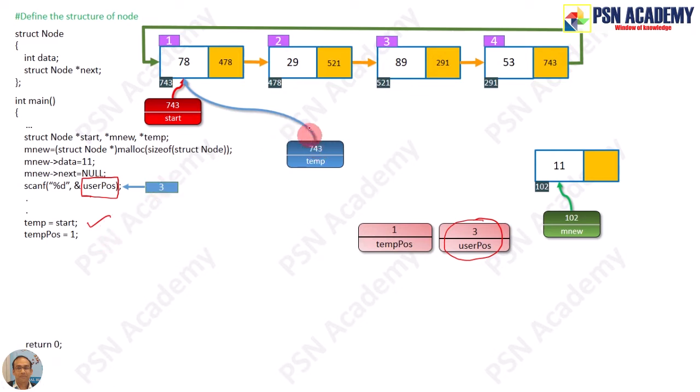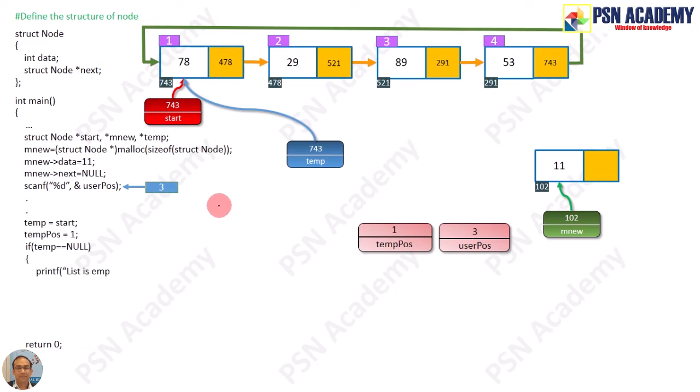And if temp moves to the next node at 478, then this temp pose must be 2. So this temp pose variable will keep track of the positions of the temp pointer. Of course, the temp pointer is a variable, so sometimes I use the term variable and the term pointer at the same time. Anyway, let us proceed.